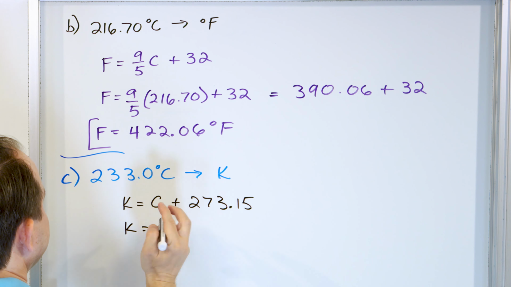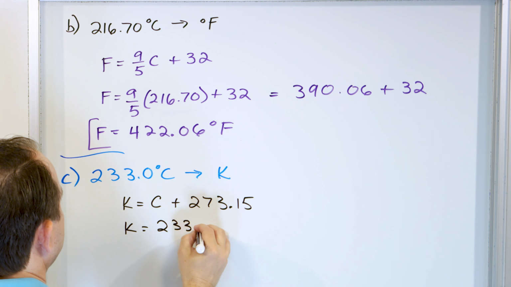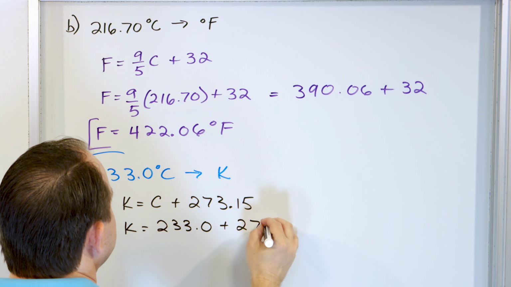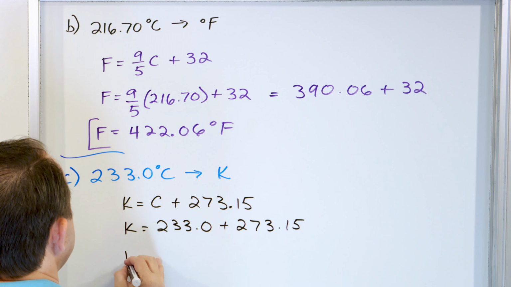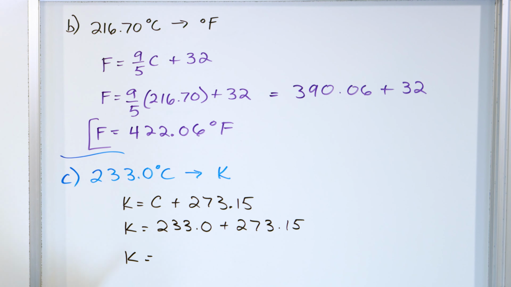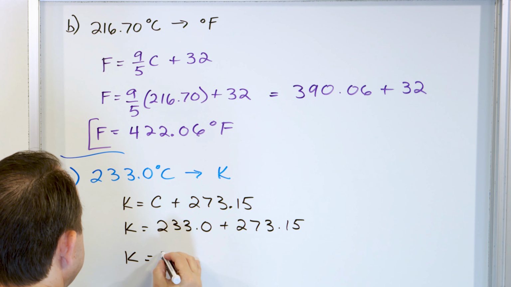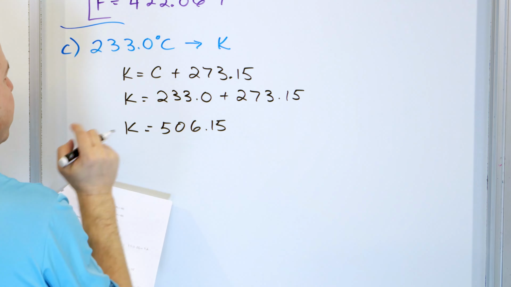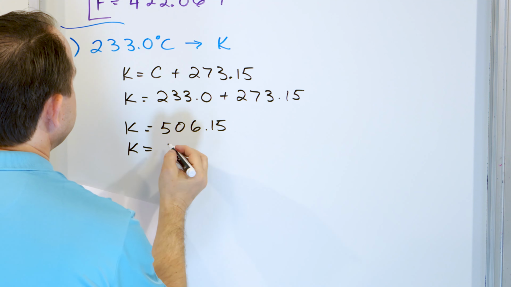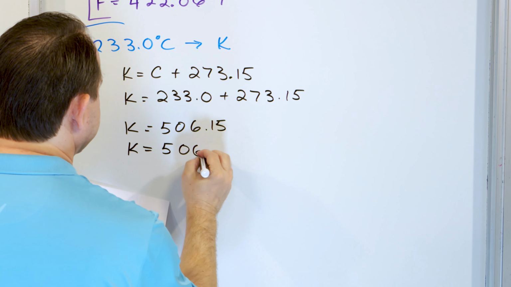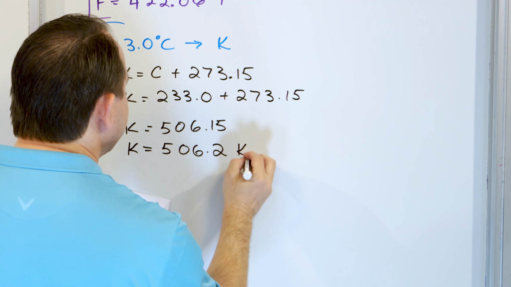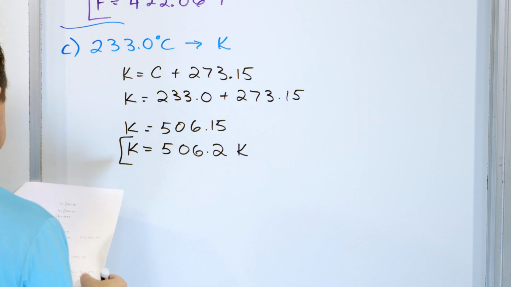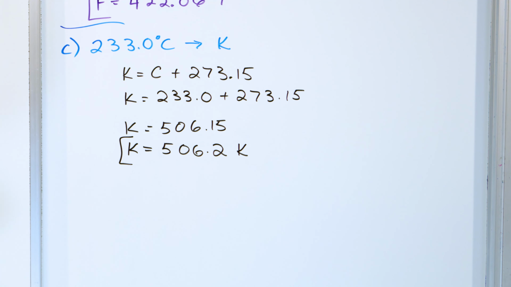This number goes right into here, 233.0 plus 273.15. And so what we get is 506.15, and then we're going to round because we have too many decimals here. So we're going to say that this is 506.2, and we don't put degrees Kelvin, we just put Kelvin. So Kelvin is 506.2.